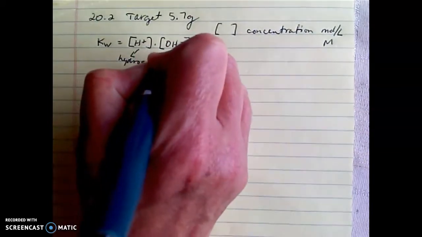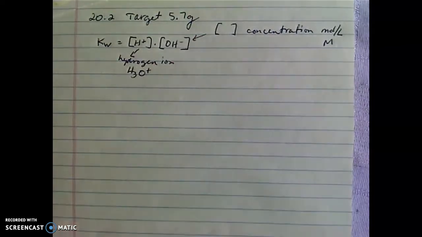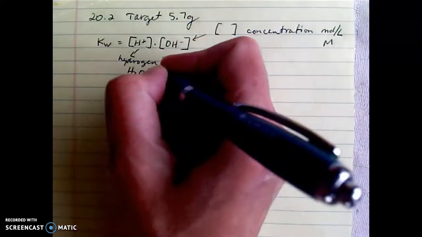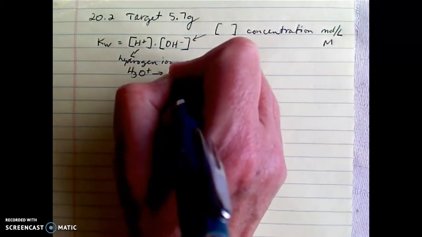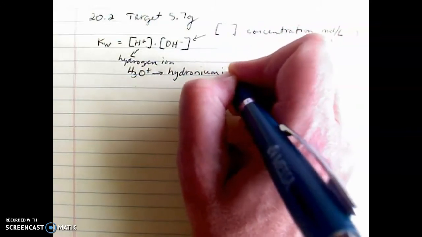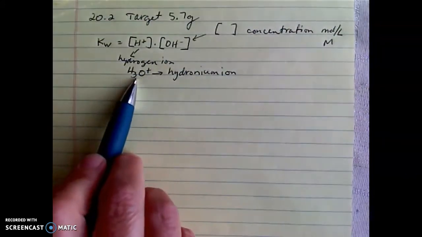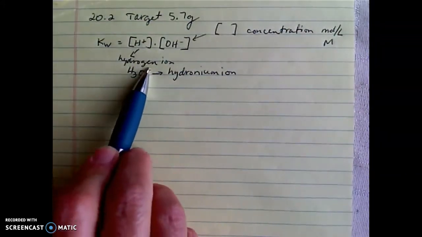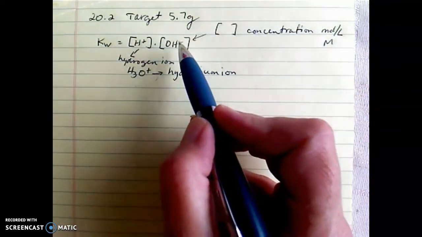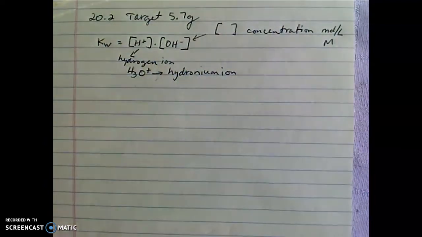Sometimes they're going to rewrite that as H3O+, because it will attract to a polar molecule. This one right here is your hydronium ion. If you see an H plus or an H3O plus, that's usually representing an acidic solution. And when you see OH minus, that usually means that you are looking at a hydroxide ion.